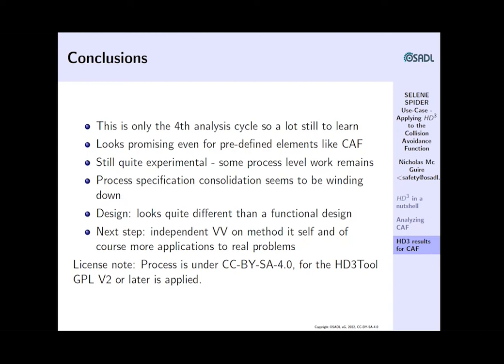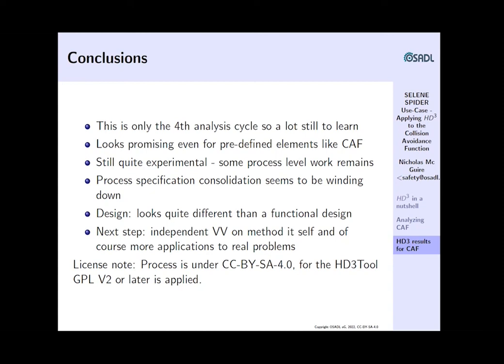The next step for us is to apply it to more complex problems and get an independent verification and validation. Sorry for the ampersand missing between the V and V. I think that's a tech glitch. I forgot to escape the ampersand there.